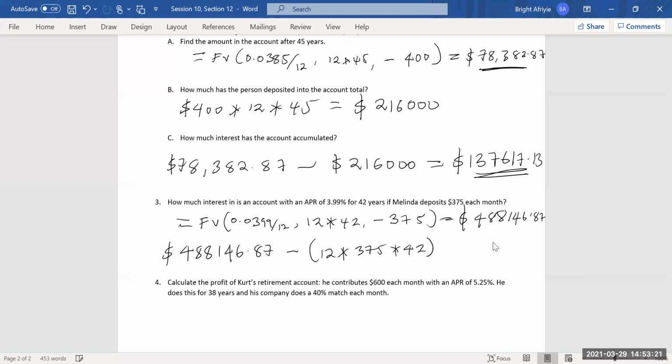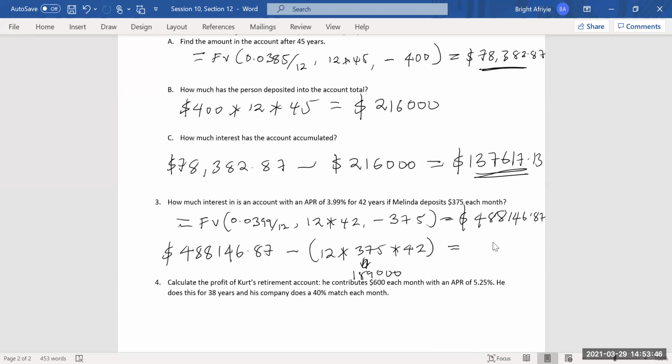This is multiplication, so it's commutative. So what you do is 12 times 375 times 42, and this is going to give you 189,000.